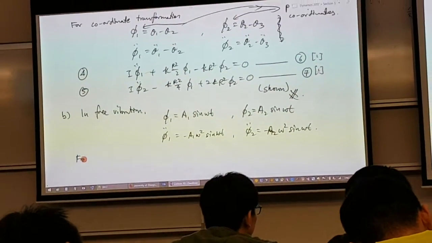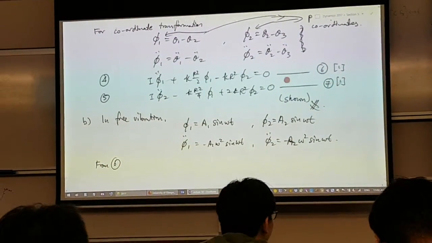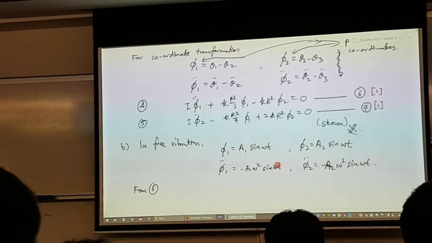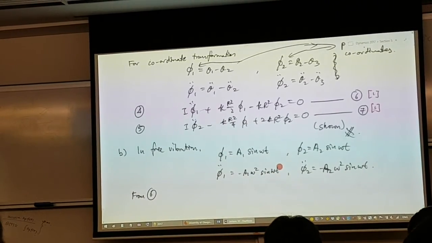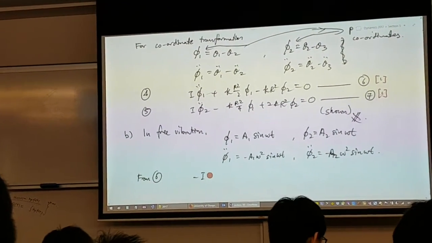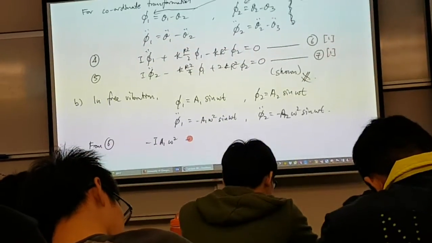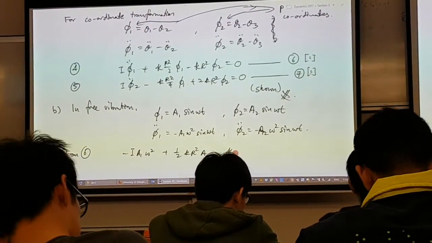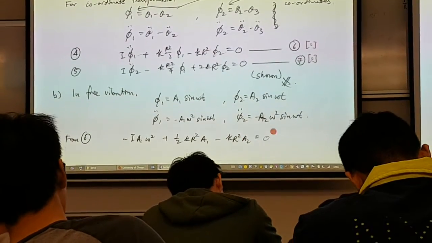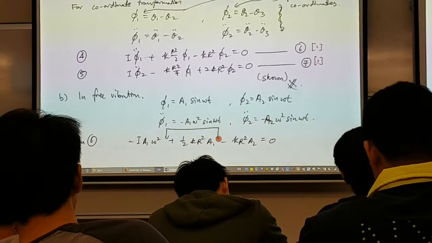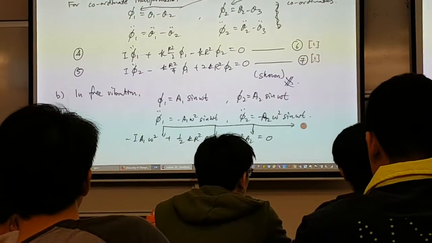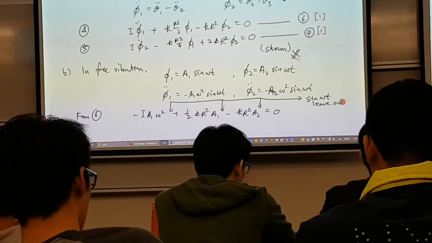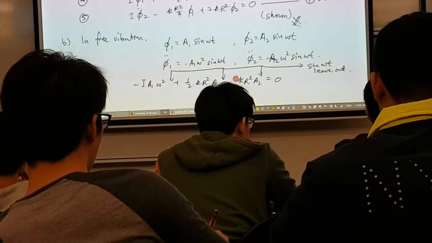So we're going to substitute it into equation 6. And since I'm always canceling sine omega t, I'm going to leave it out. So I'm going to have minus I a1 omega squared plus half k r squared a1 minus k r squared a2 equal to 0. All this sine omega t, I leave them out because they'll be canceled anyway.